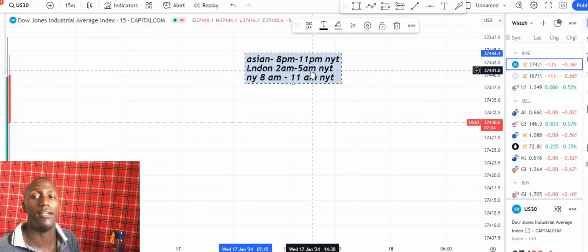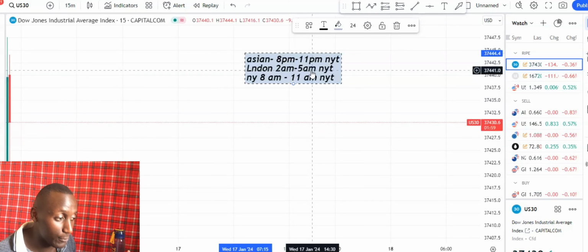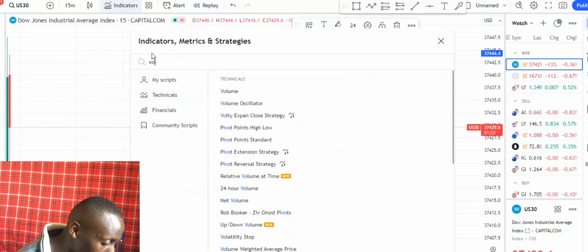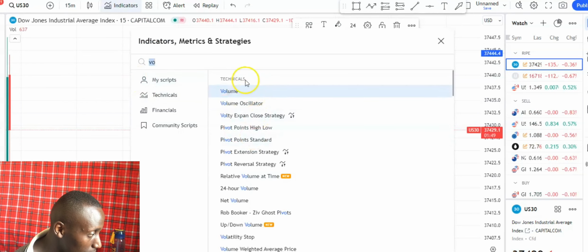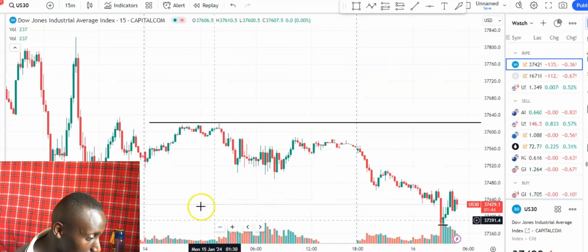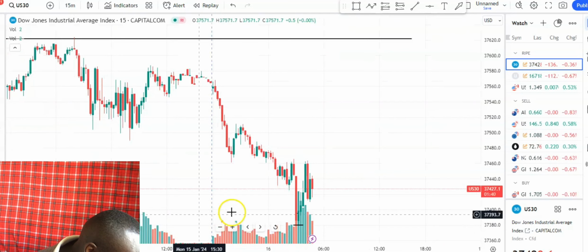Okay, I understand. Let's look at the volume. Let's look at the times of the day when we have the most volume. So if we look at the volume indicator here, we see that, let's begin with today.